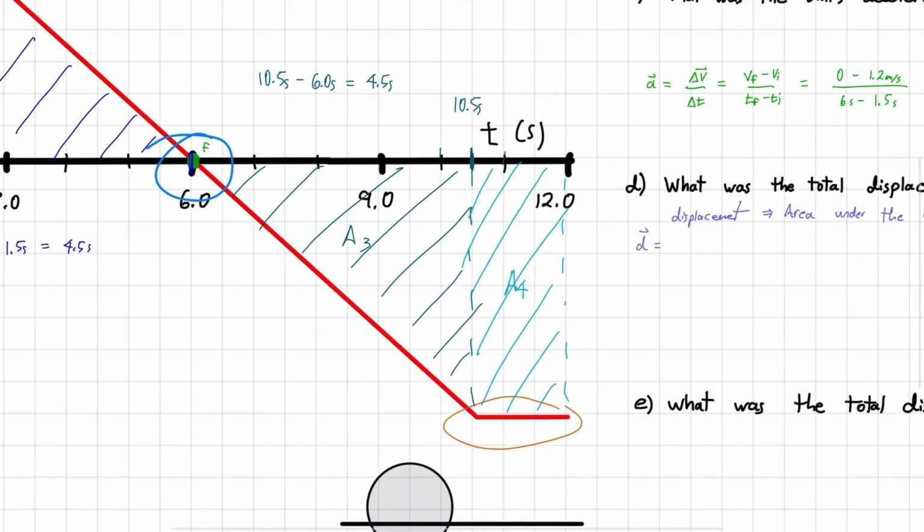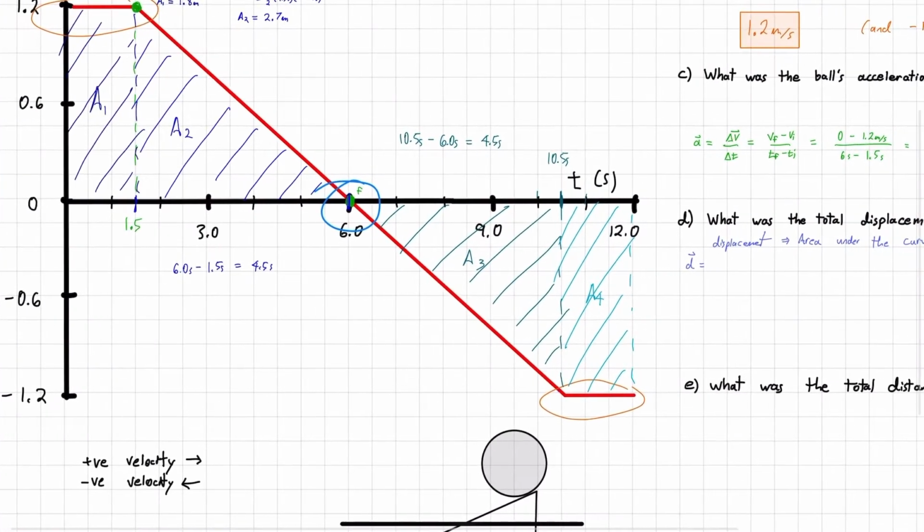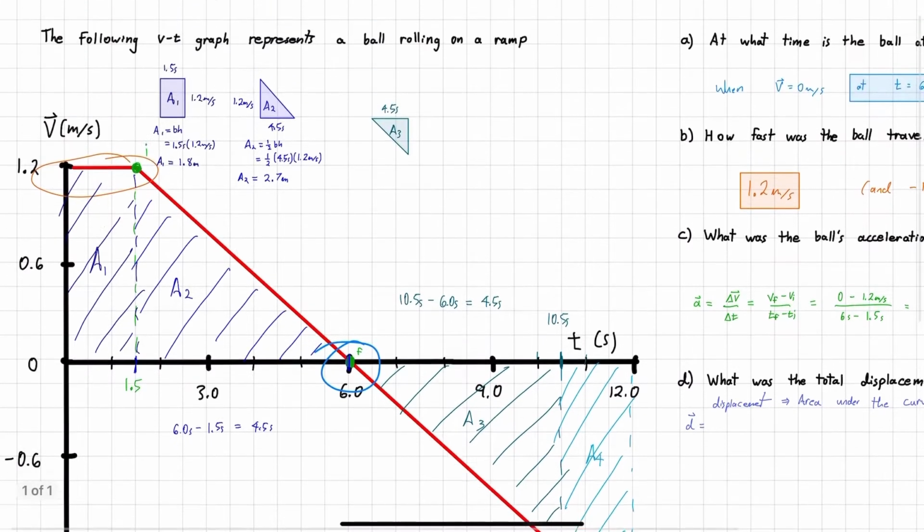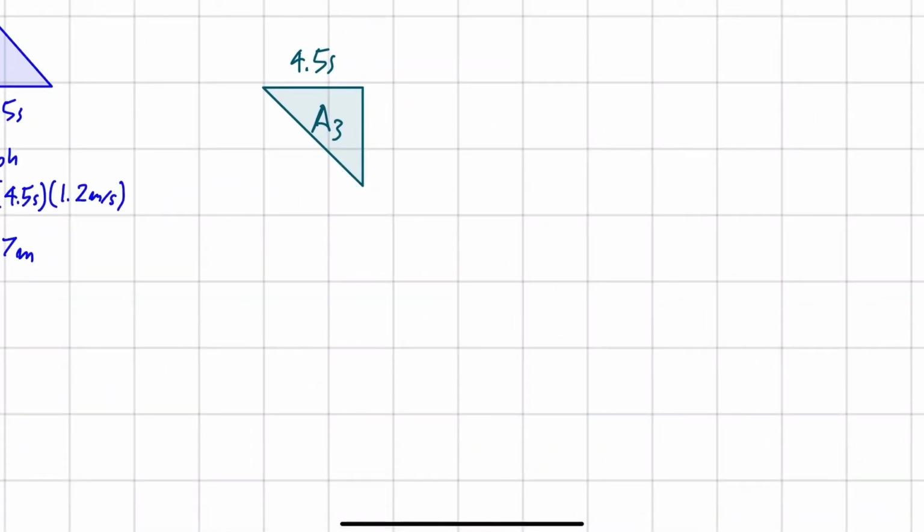And then what is the height of this triangle? Well, it's in line with the negative 1.2 meters per second. So our height is minus 1.2 meters per second. And that minus sign is important here.